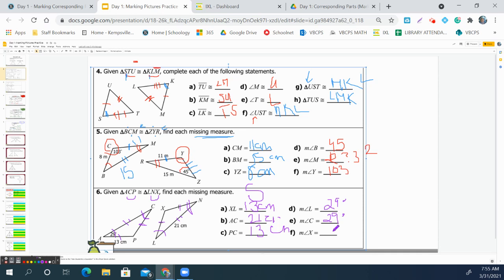So how do I figure out angle X? I get out my calculator and do what kind of magic in the calculator? Come on, guys! How do you find the third angle? Yeah, 180 minus 29, which is what?